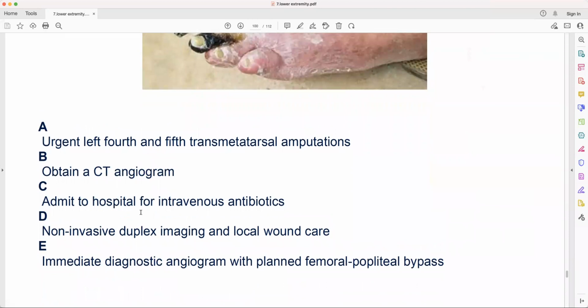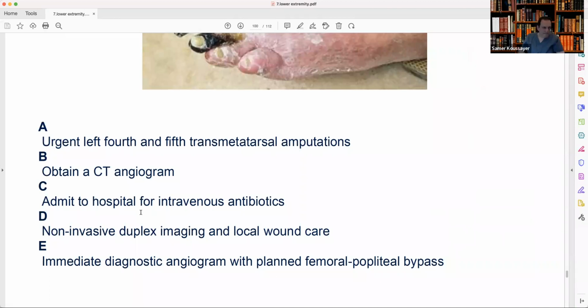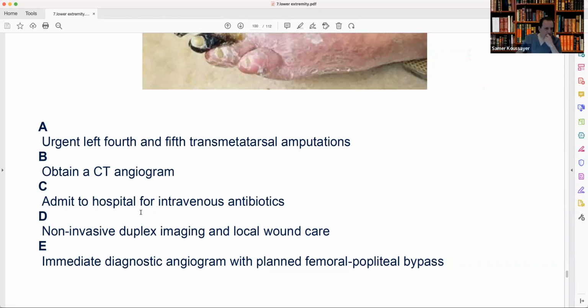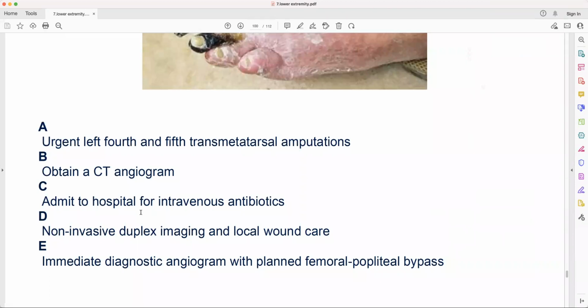No, I agree with you, because we can do our operation depending only on the new generations of color duplex. So there is no need to give contrast in these cases if we have a good mapping of the arteries, so we can do our bypass without any problem. That's true.